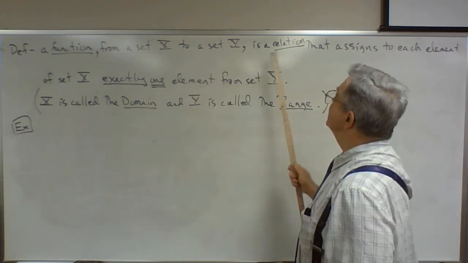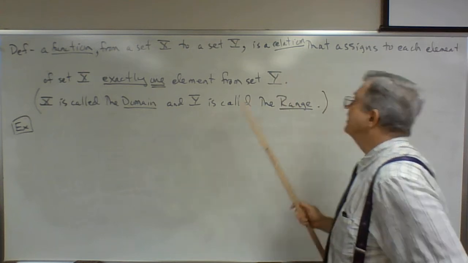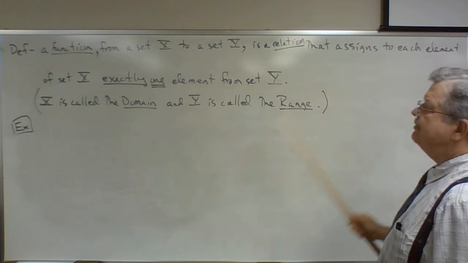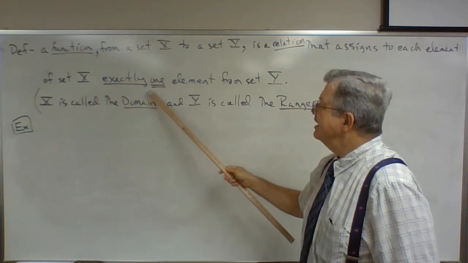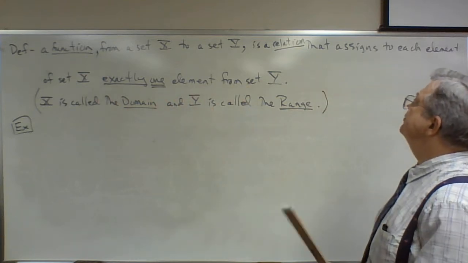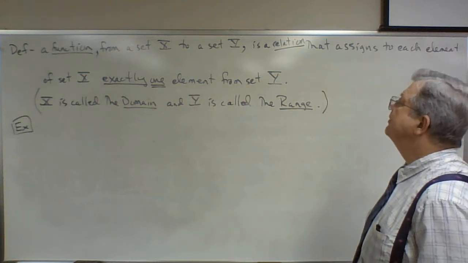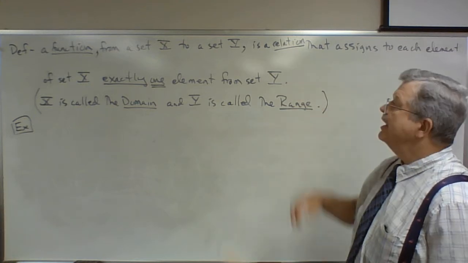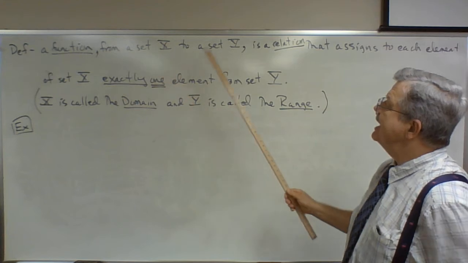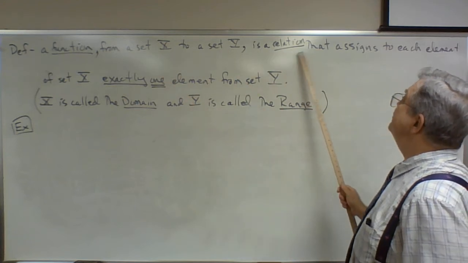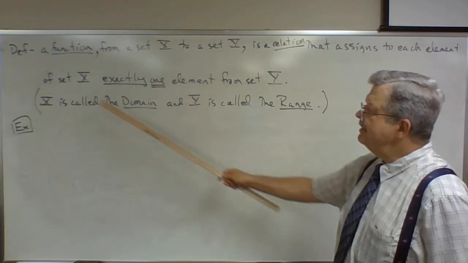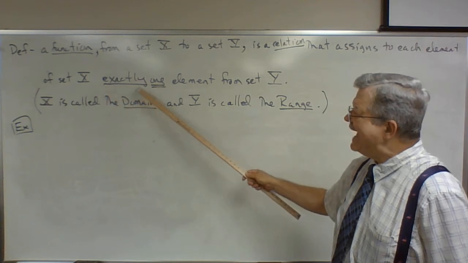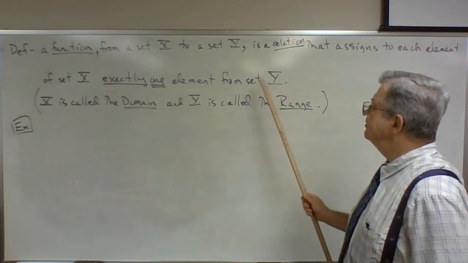A function is a relation that assigns to each element of set X exactly one element from set Y. If you can't see this word, it's relation. A function from a set X to a set Y is a relation that assigns to each element of set X exactly one element from set Y.